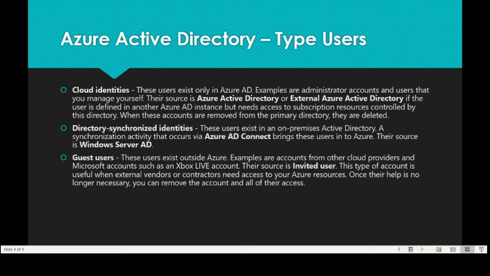Third, the guest users. Say, for example, if you want an external organization to have access to your cloud subscription, in that case, you can have guest users created for them.